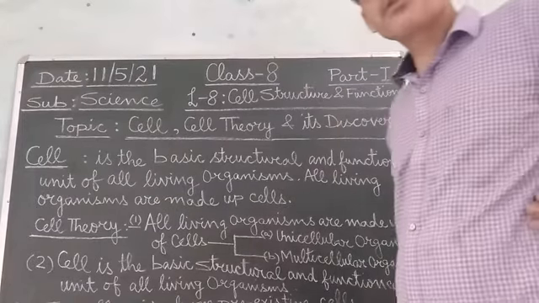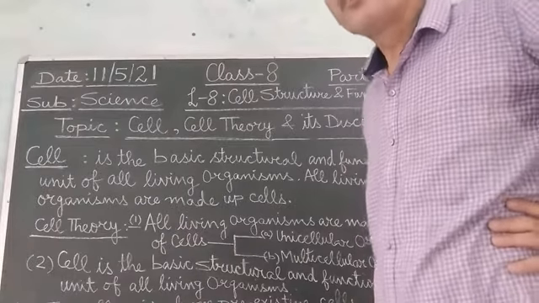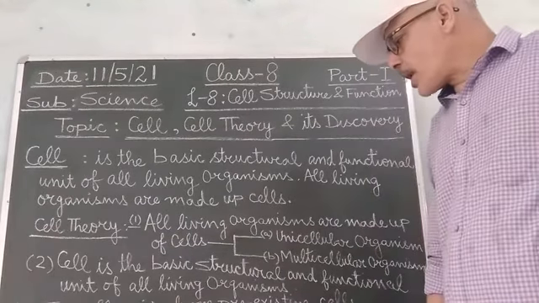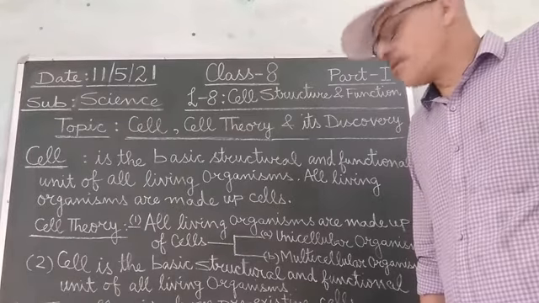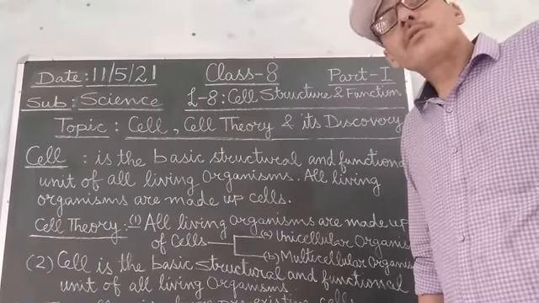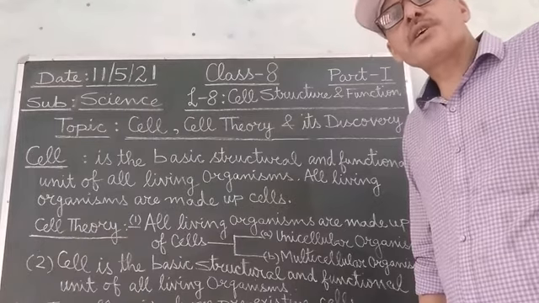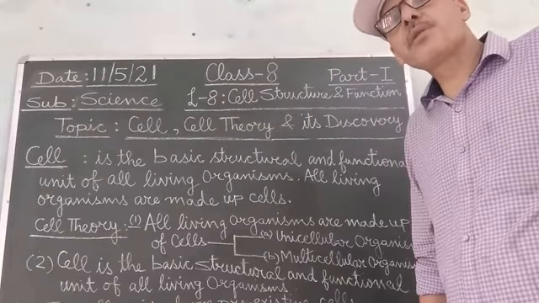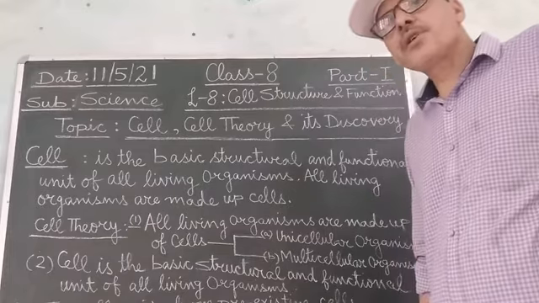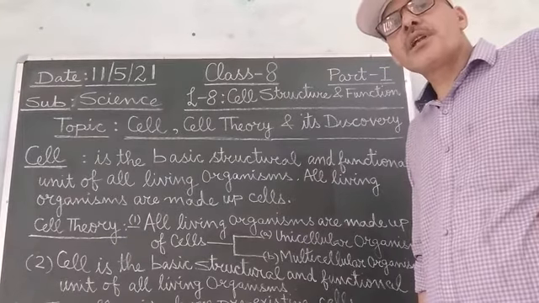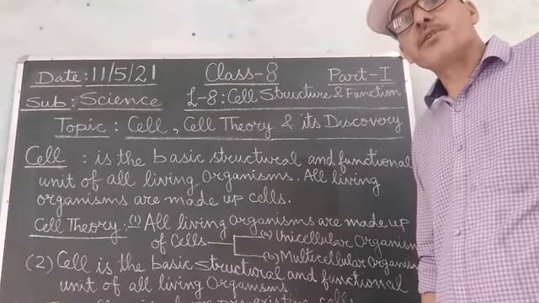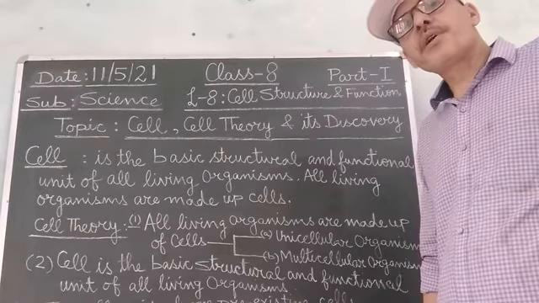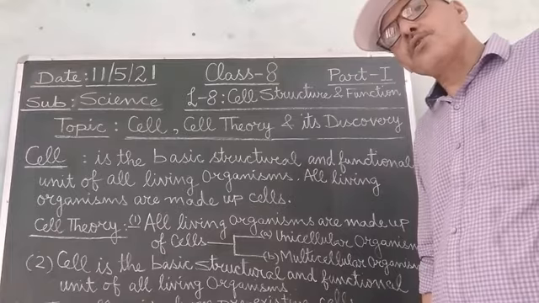Now, after this, students, I would like to tell you a little bit more about the shape and size of the cell. So, students, there is a tremendous amount of variation in the shape and size of the cells found in different groups of living organisms, or in different parts of our human body.